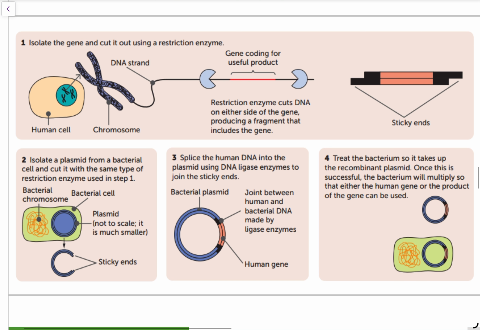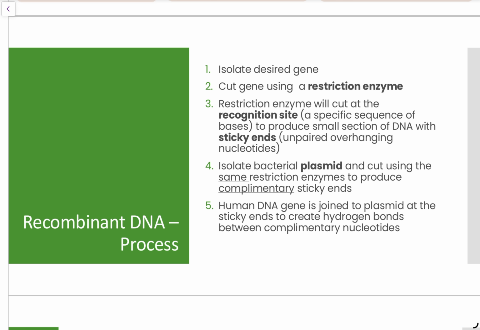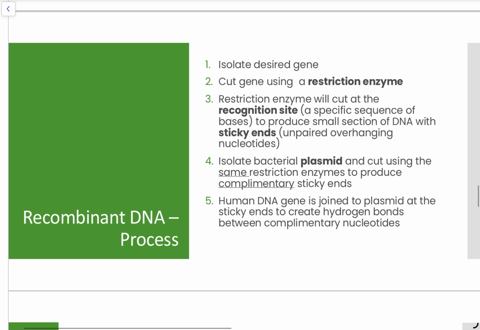So, here's a different representation of some of the steps, but what I'm going to do is go through 10 steps now. So I've got 5 on this slide, 5 on the next slide. So to start us off, our first step in recombinant DNA is isolation. We need to isolate the particular gene that we want. Secondly, we cut this gene and remove it from the cell's DNA using a restriction enzyme.